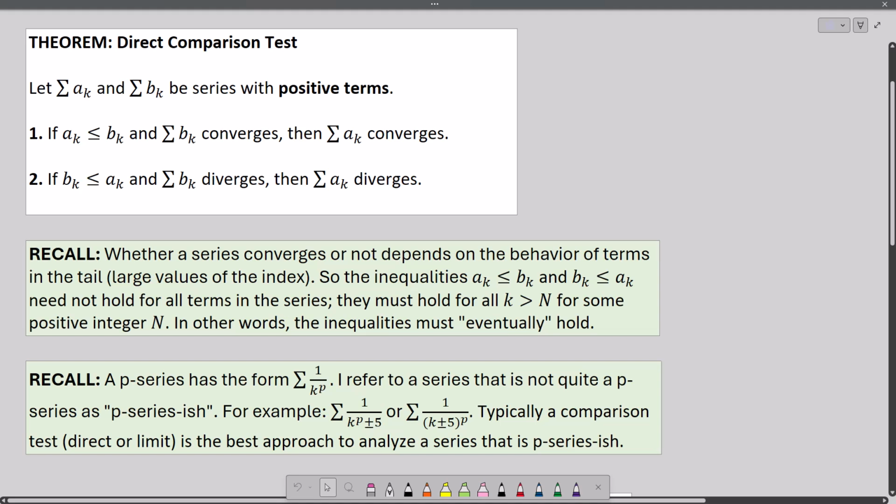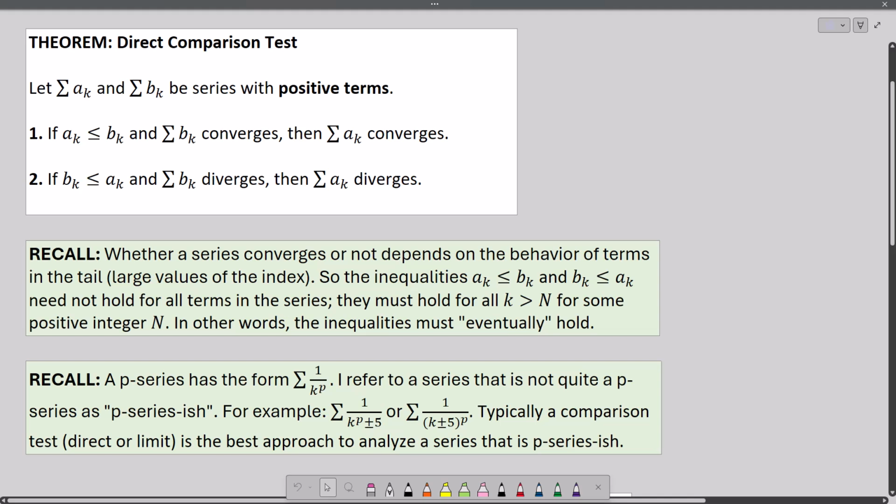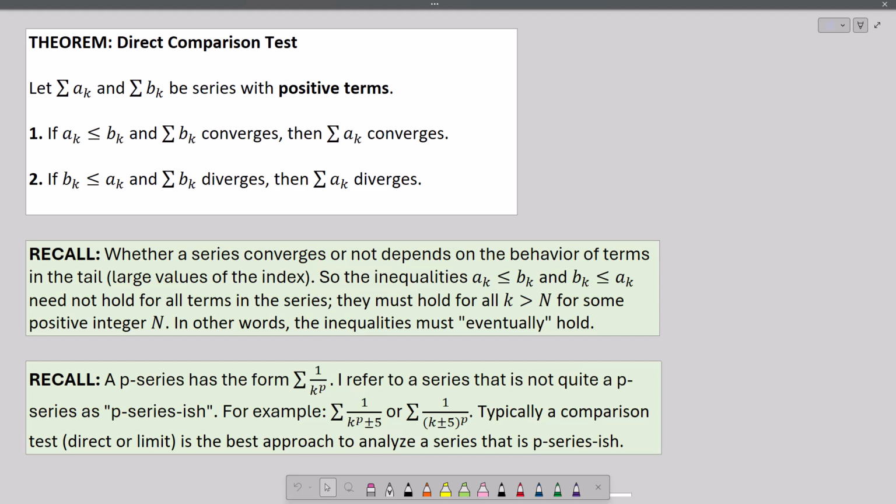If the A series has terms that are smaller, then those terms go to 0 even faster, so that A sub k series must converge also. So that principle in our head, smaller than converging converges. That's our summary in our mind.